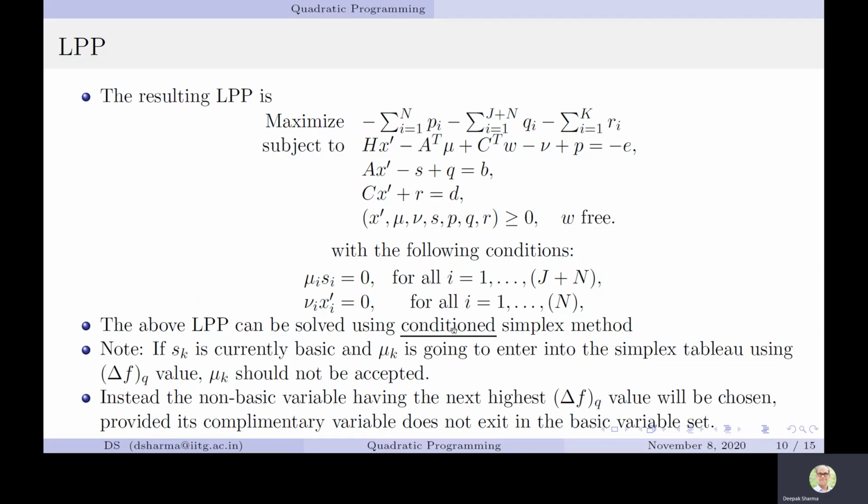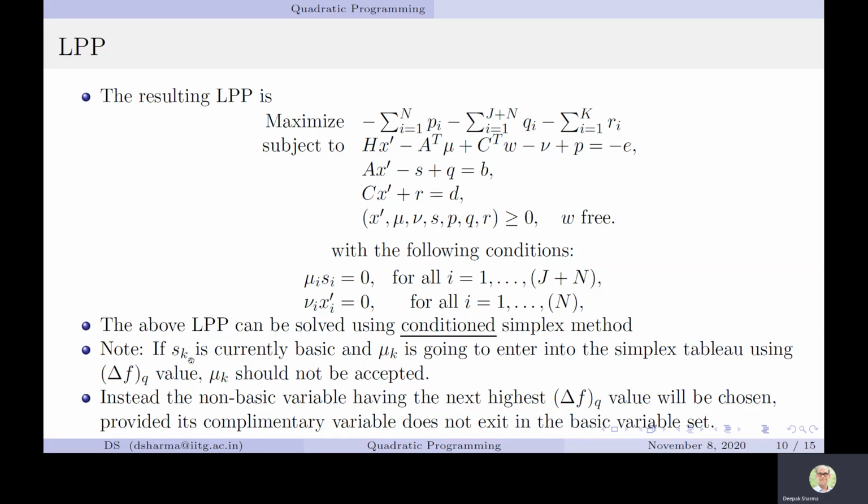What is conditioned here? Suppose xk is a current basic variable, and we remember that we find delta fq to find which non-basic variable should come into our table. Suppose mu k is going to enter. Now, xk and mu k form a complementary slackness condition, xk mu k equals 0. So in this case, we are not going to select mu k.